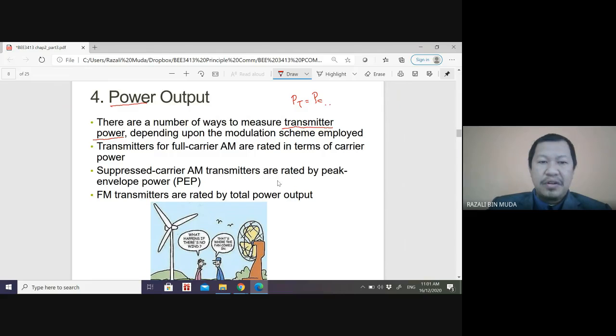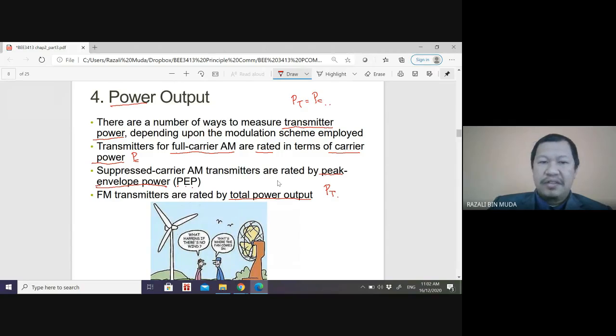Transmitters for full carrier AM are rated in terms of carrier power, P carrier. Suppressed carrier AM transmitters are rated by peak envelope power. So we have discussed about this also, peak envelope power, PEP. FM transmitters are rated by total power output, total power, P total.